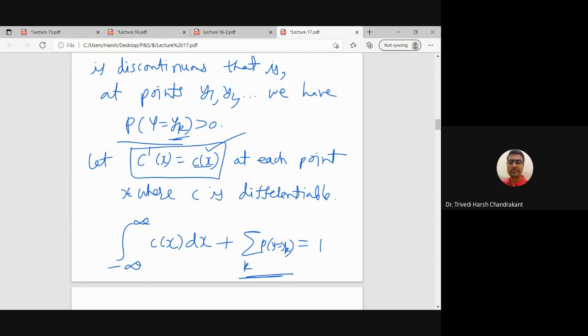If you have a continuous random variable, the total probability is 1. But now we have a mixed random variable. That means we have a continuous part and a discontinuous part, where each yk is a point of discontinuity.